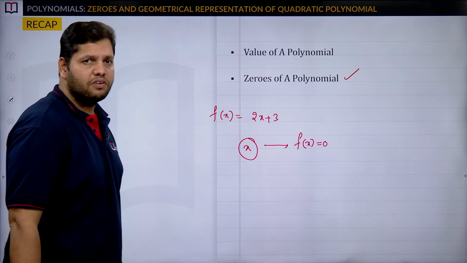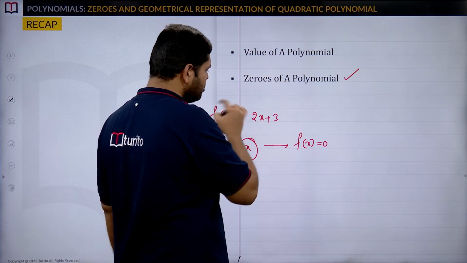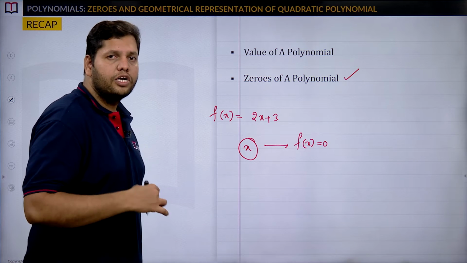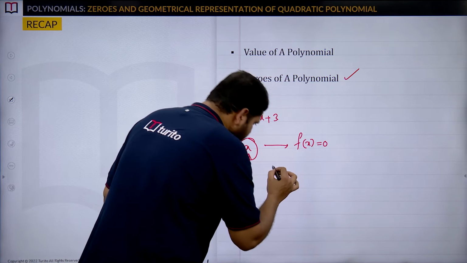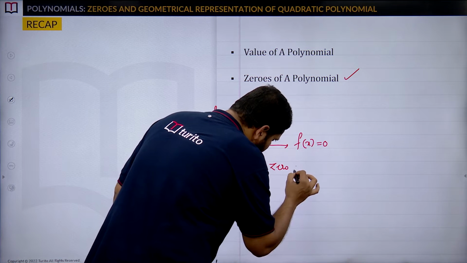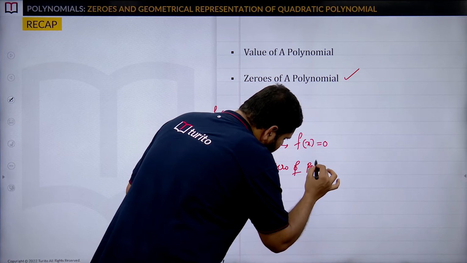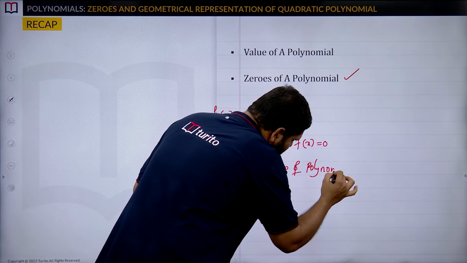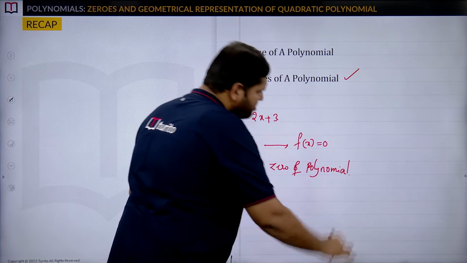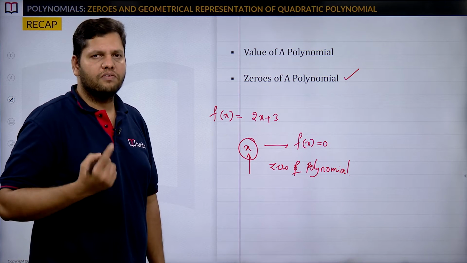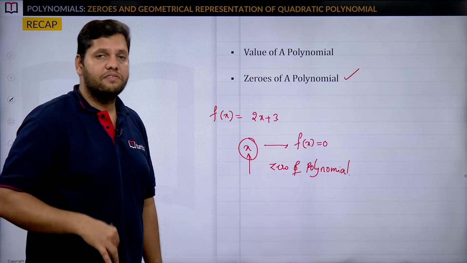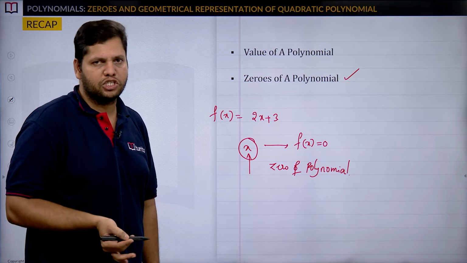We need to find the value of x where the value of this polynomial expression is going to be 0. That particular value of x is called a zero of the polynomial. We select an x value and substitute it in the given polynomial expression.